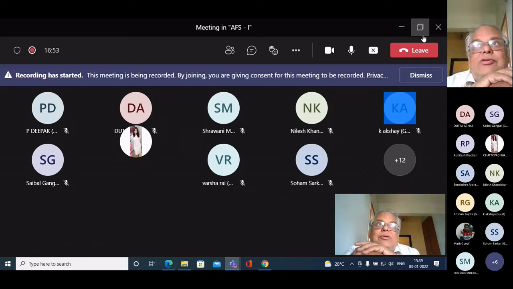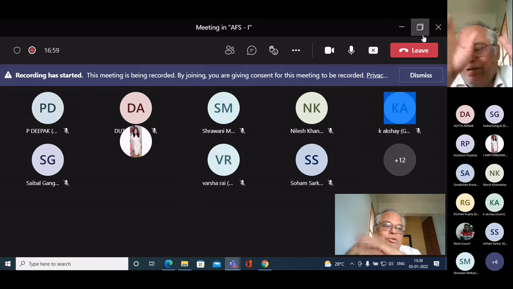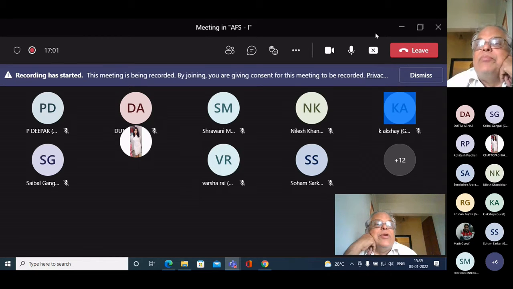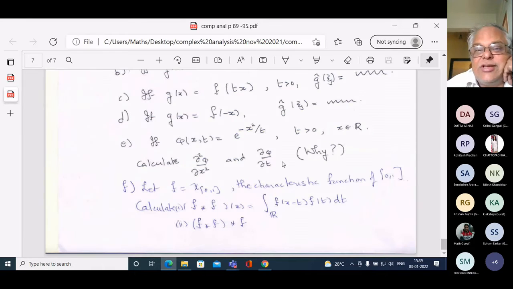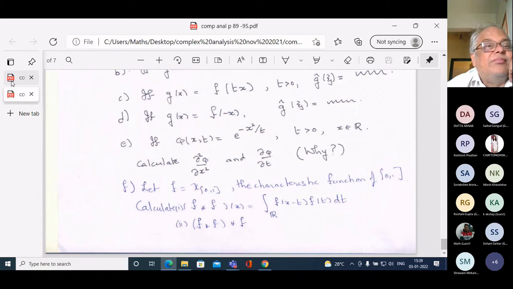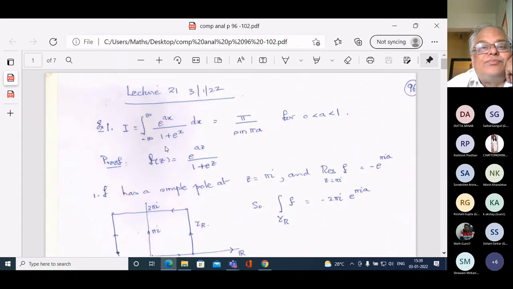They increase the smoothness of the function, whatever I mean by that. Anyway, this was the last example that I had here, that you please try and do this calculation. It's an important calculation.